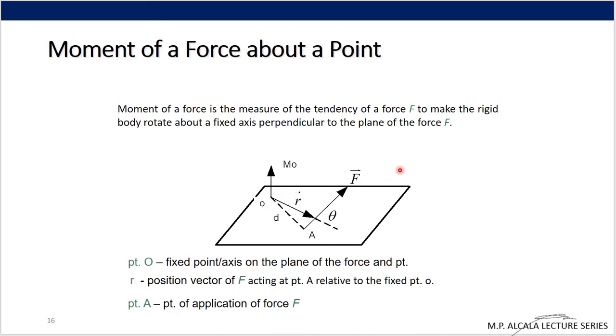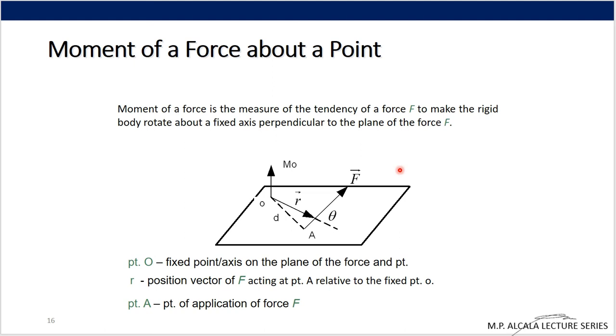Now, the application of the cross product is simply in this part: the moment of a force about a line or the moment of a force about a point. Okay, class, first let's define a moment. The moment is the ability of a force to make a body rotate. Take note of that.